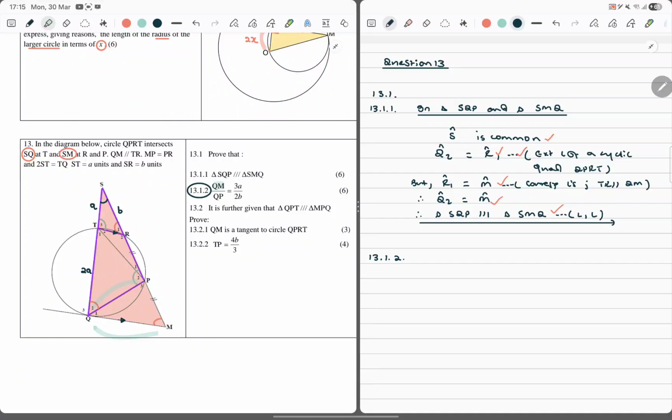So it means we are comparing these two triangles. Now we have to prove that this is equal to 3A over 2B. That looks a bit strange, but we will see about it.